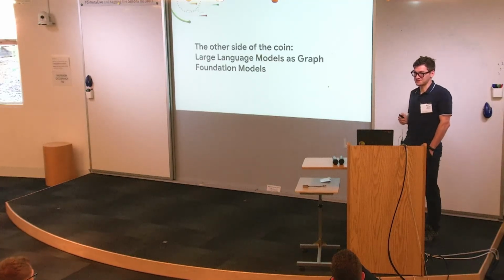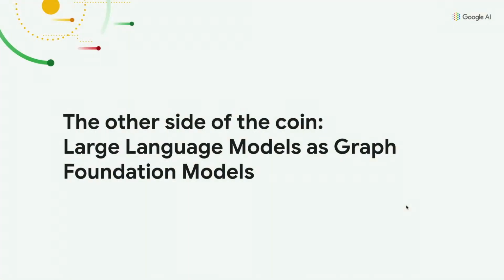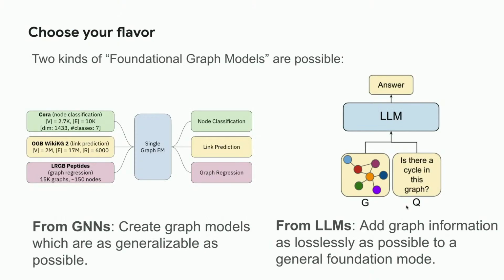Going exactly following your request, large language models are some interesting possible candidates for foundational models. So you can argue that, well, GNNs are cool, but what if we actually start to use some inductive bias of language models?